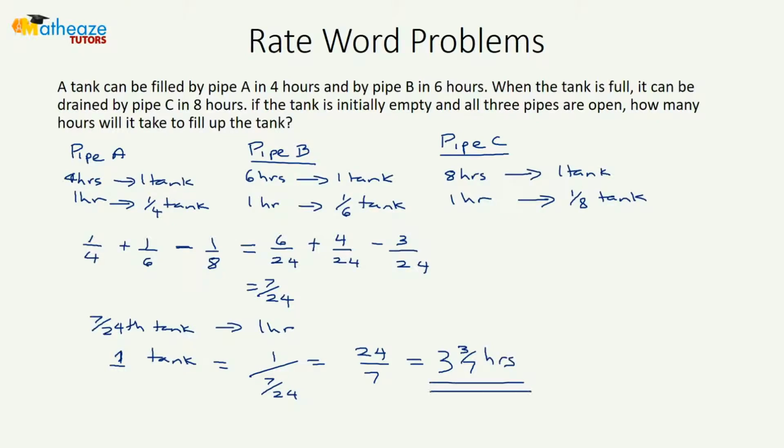So if these 3 pipes are working together, it's going to take 3 3/7 hours for the tank to be full. And take note, it's also taken into account that we have pipes A and B filling up the tank and pipe C draining the tank. So after 3 3/7 hours, the tank will be completely full with all these pipes working together.